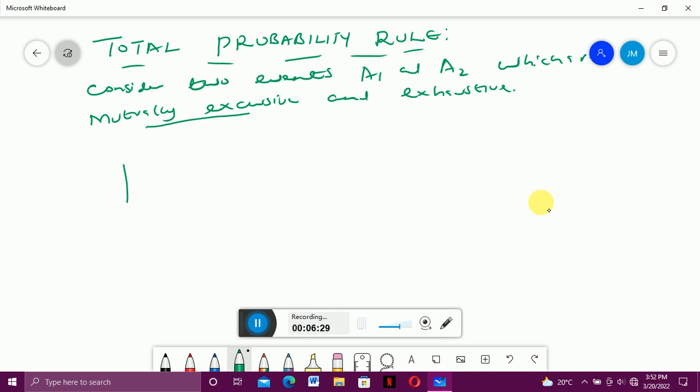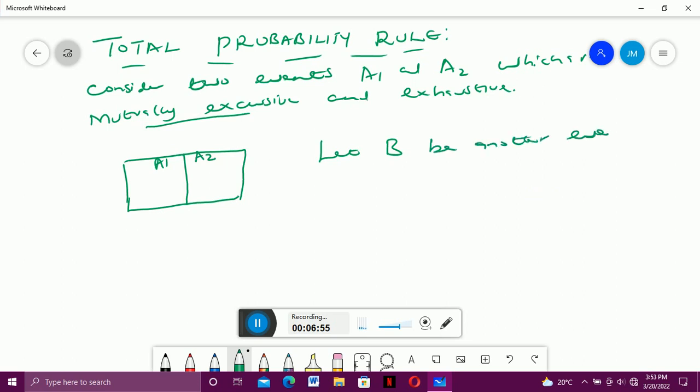So we can illustrate that in diagram form. So we have A1 here, A2, they are mutually exclusive. They do not have anything in common. You can see A1 is separate, A2 is separate. And then we let B be another event, such that B will be here.